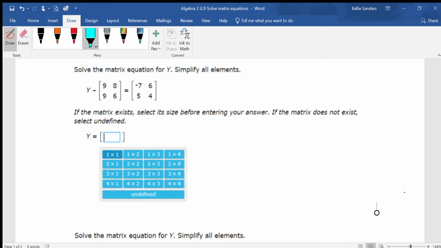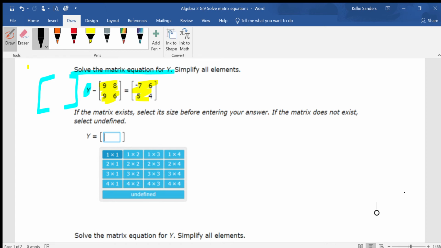Now, we are solving the matrix equation for y. We want to know if y was a matrix and we subtracted this, then we would get this, okay?